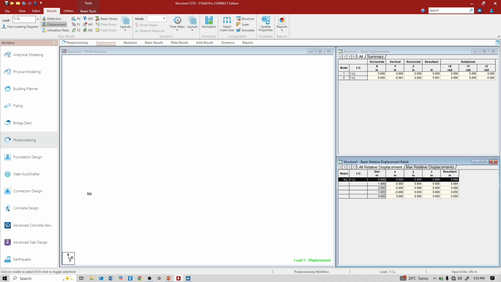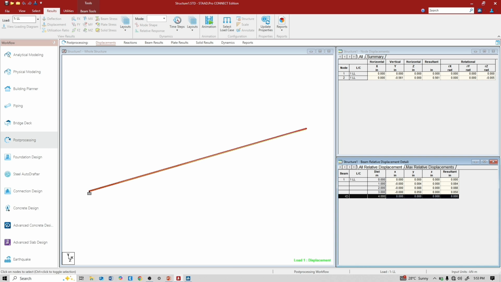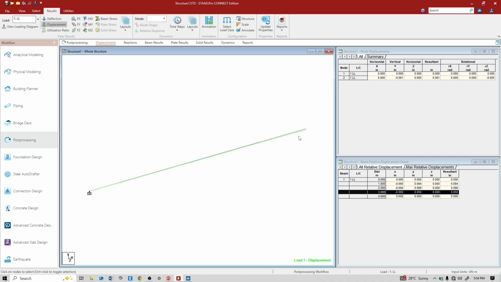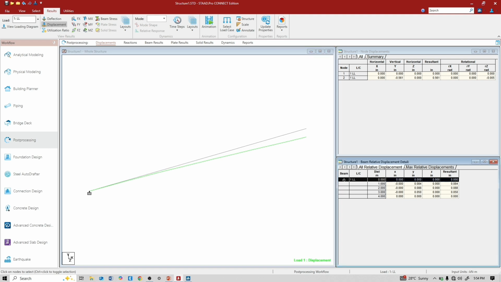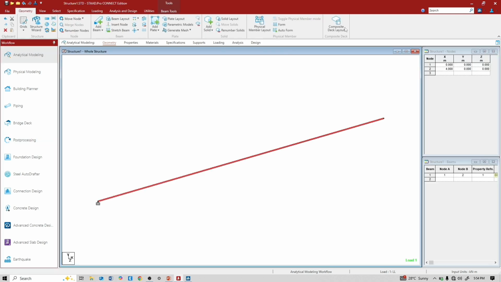First, I am interested to see this deflection in Y. At 4 meters it is 0 and at 1 meter it is 0, but in between it is shown as 0.0. StatPro shows 0 deflection. I don't know. This is the distance 0, 1, 2, 3, 4. It's 4 meters.